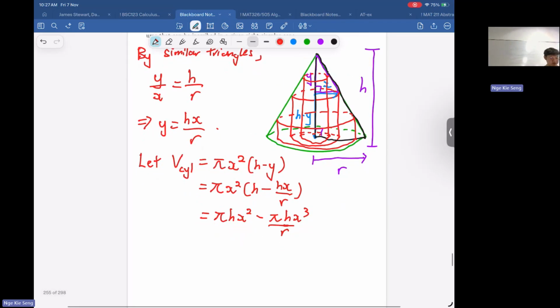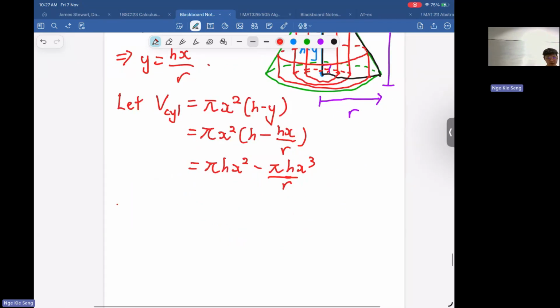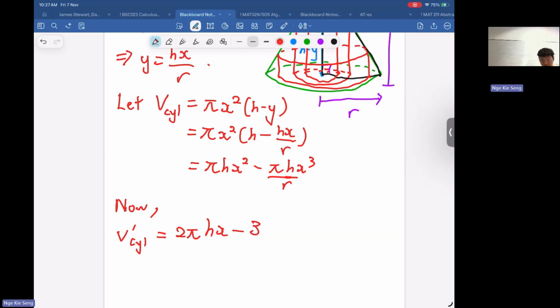Okay, so let's differentiate it. So now V prime of the cylinder is equal to, let's check the derivative is correct or not, 2 pi h over r times x minus 3 pi h over r squared times x squared.